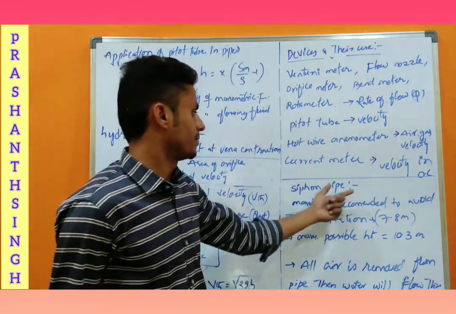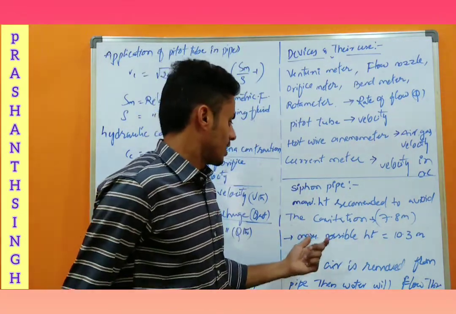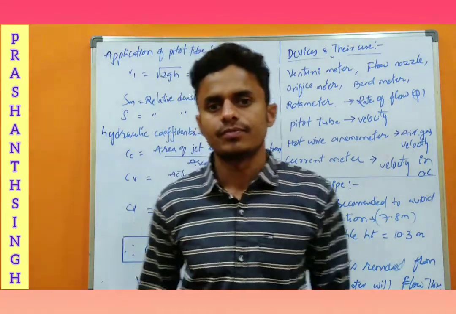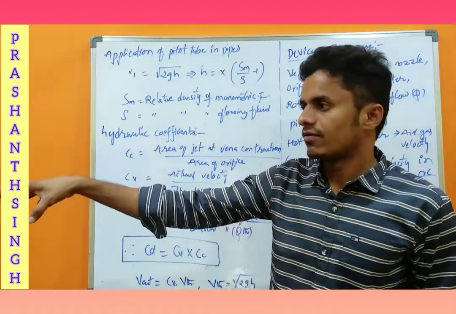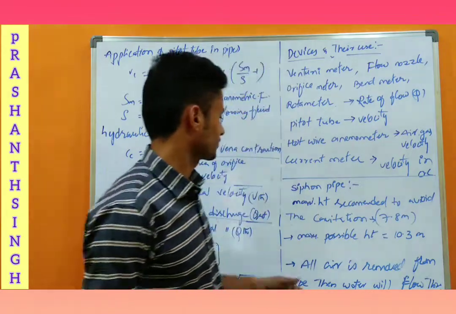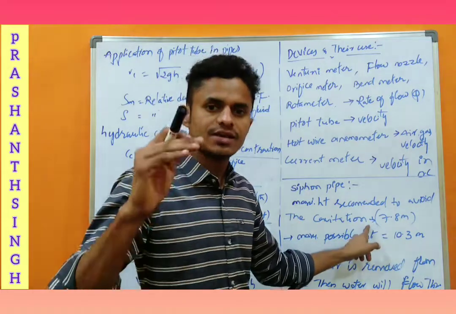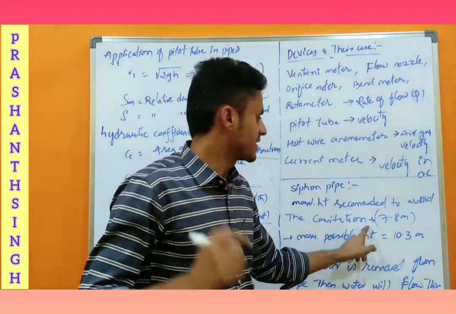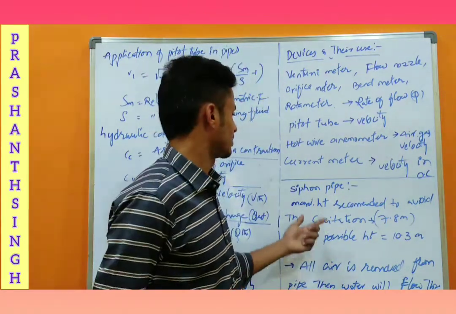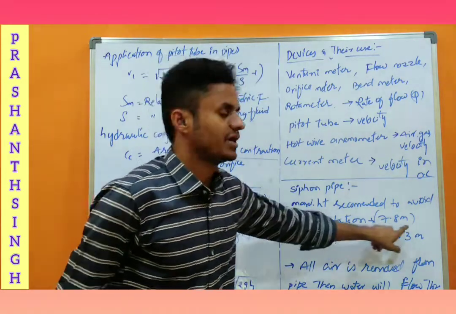Siphon pipe. What is the use of a siphonic pipe? By using the siphonic pipe, we can carry water from a lower elevation to a higher elevation or from a higher elevation to a lower elevation. To avoid cavitation in the siphonic action, the maximum recommended height is 7.8 meters.